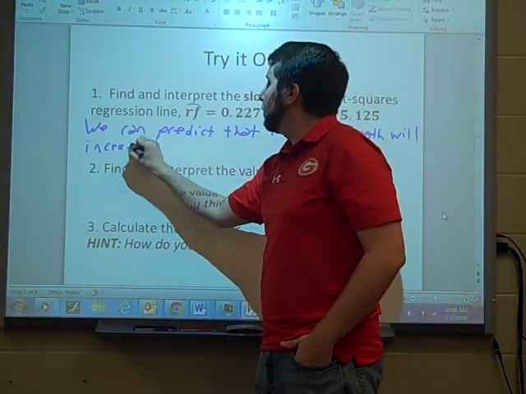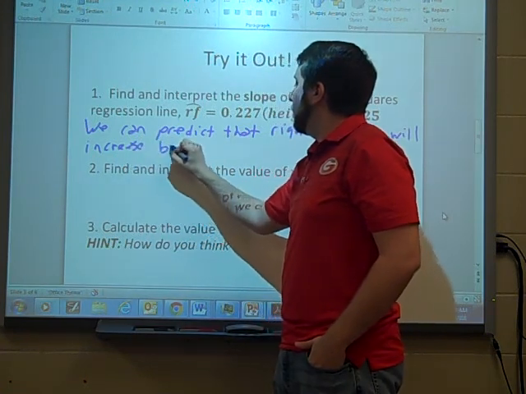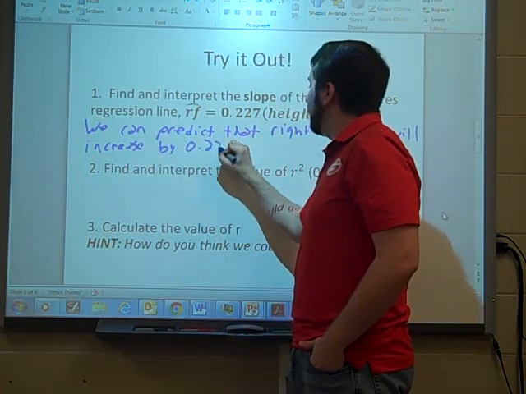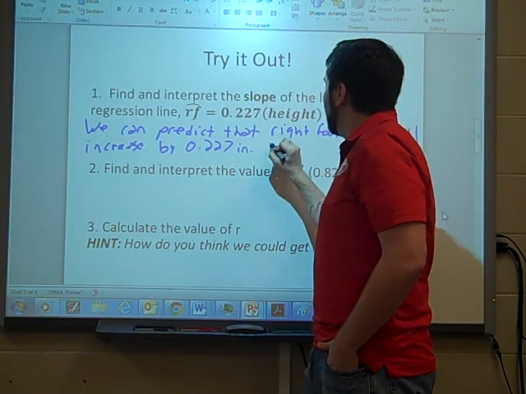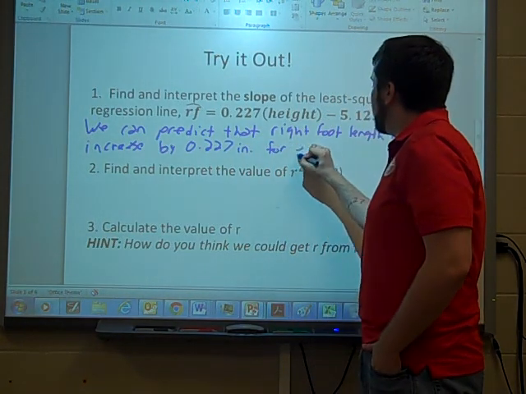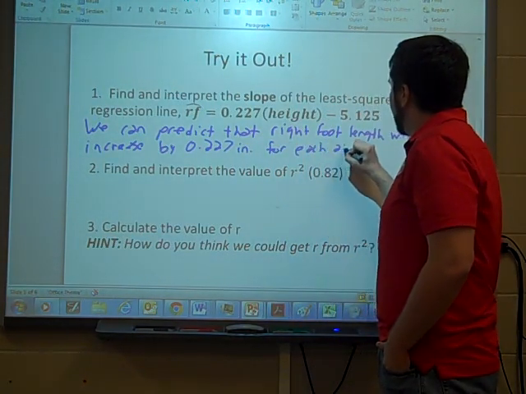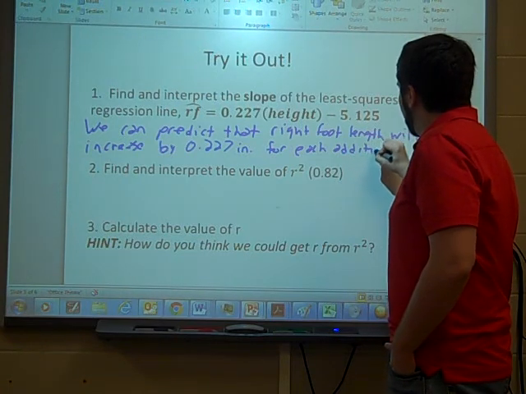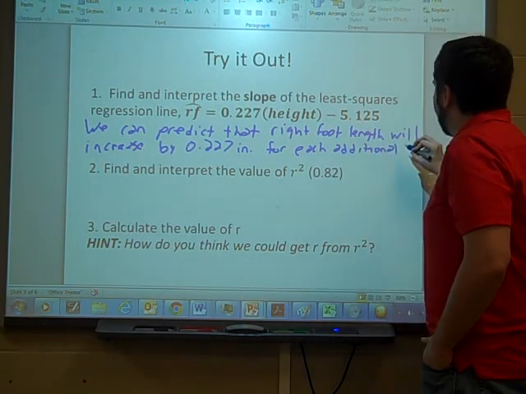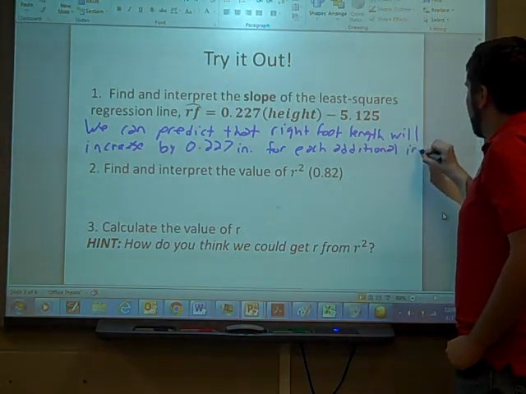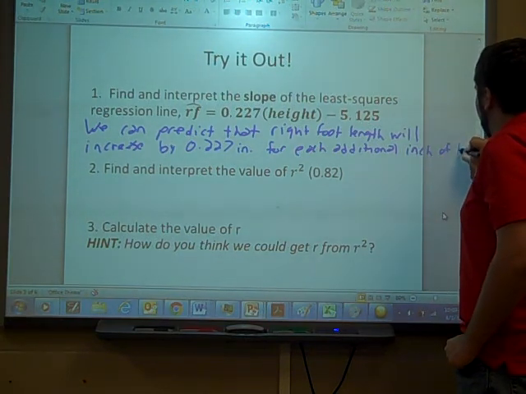Increase by 0.227 inches, right? For each additional inch of height.